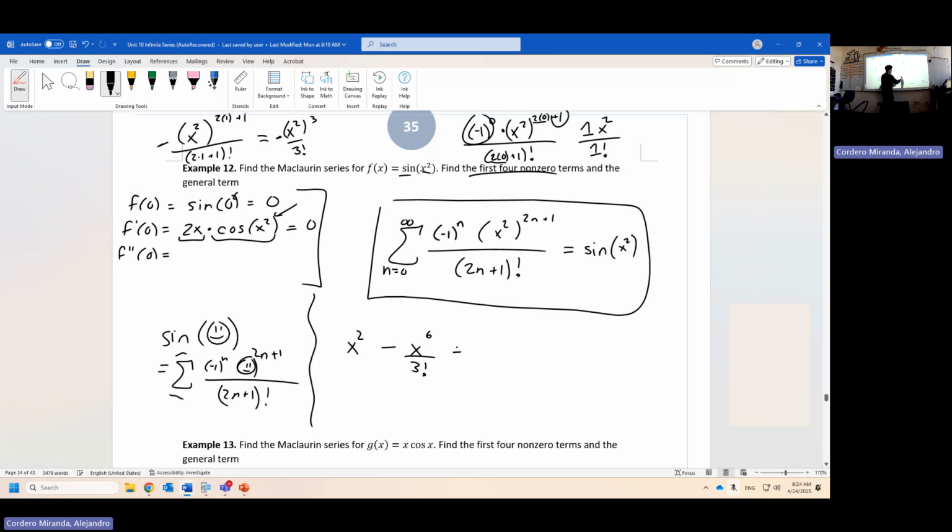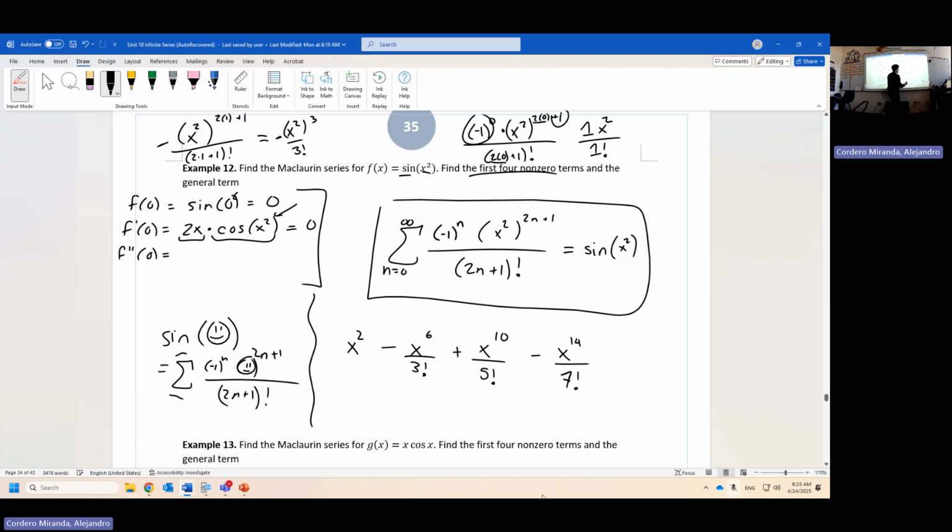So the next one will be plus x squared to the 5th, which would be x to the 10th over 5 factorial. And then you can kind of see the pattern: x squared, then 6, which is 4 bigger, and then 10 is 4 bigger than that. So the next one would be minus x to the 14 over 7 factorial.